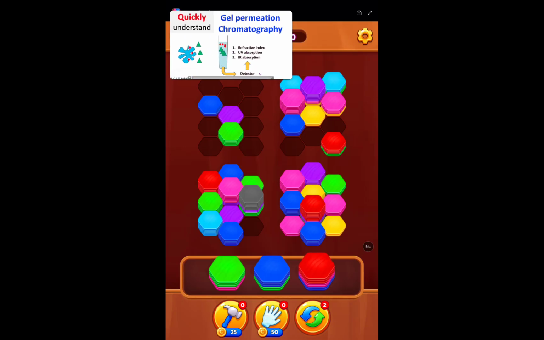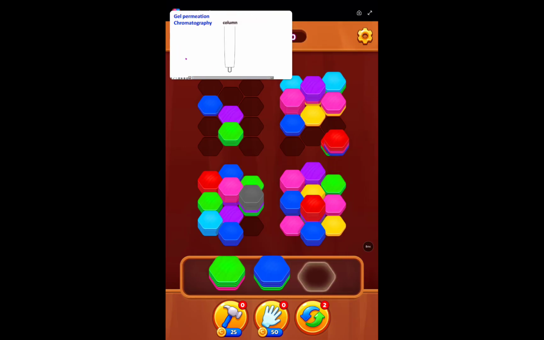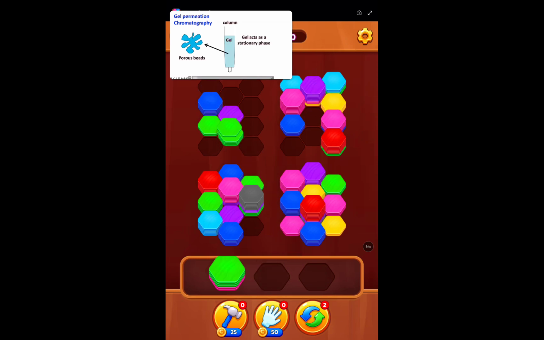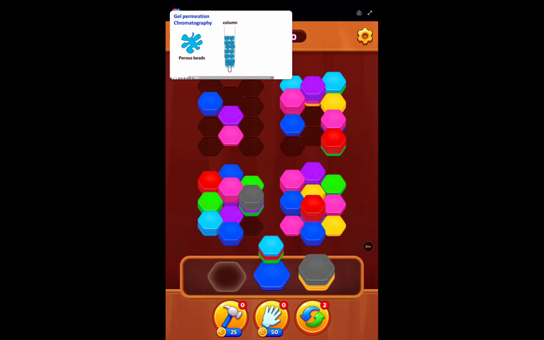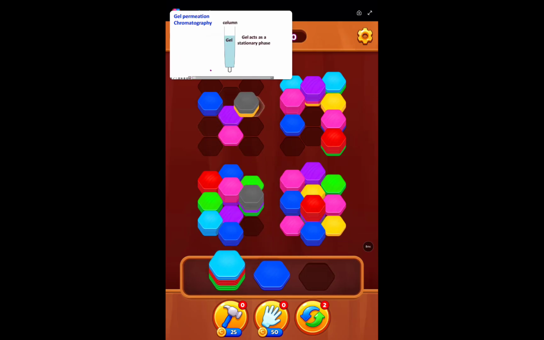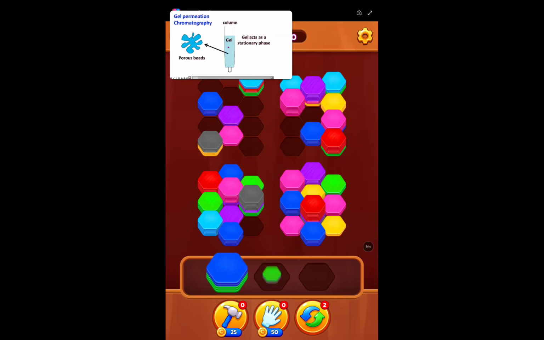All right, to make you understand, you can also refer to the animation here. This is a technique where the gel is inside the column, where the gel will act as a stationary phase, and the gel consists of porous beads. Sometimes we use gel, so that's why it's called gel permeation chromatography, right?